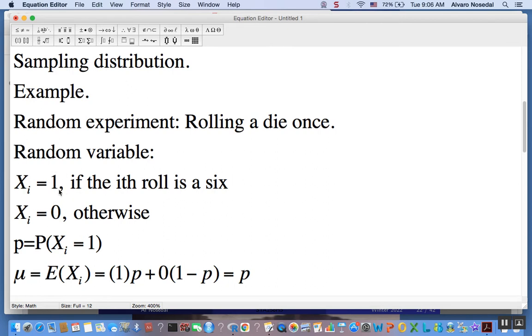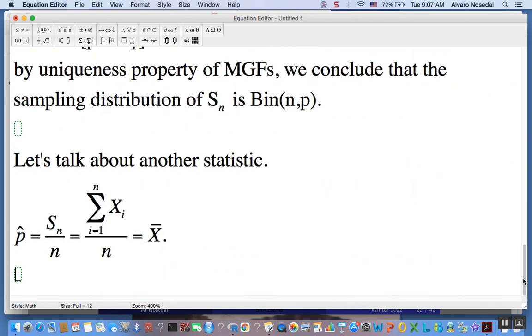So if I wanted to approximate the proportion of sixes that I'm going to be rolling using that particular die, one way of approximating that probability, that proportion, would be to count the number of sixes that you roll, right? And you divide by n, right? So that's why we have this p hat. It's the sample proportion. But note that that sample proportion deep down is just an x bar, a mean, right?